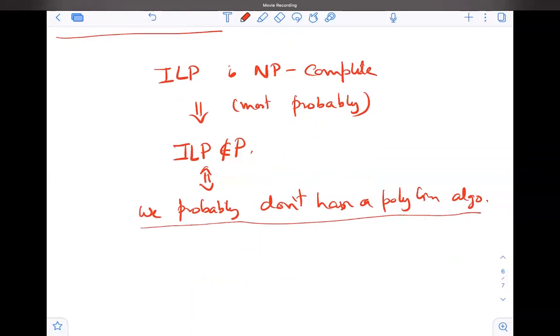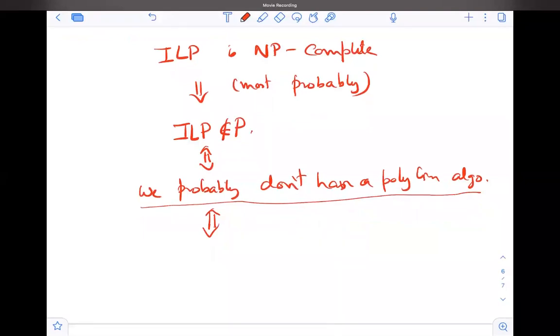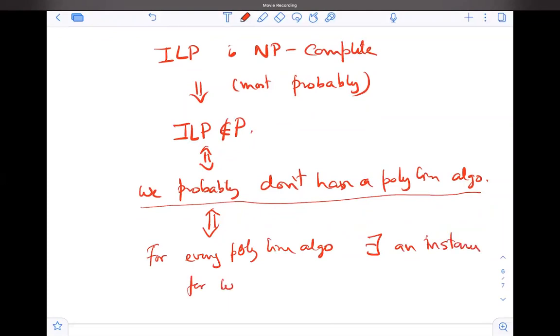It means that for every polytime algorithm, there exists an instance of ILP for which the answer will be wrong. Right? Yes. So there exists.